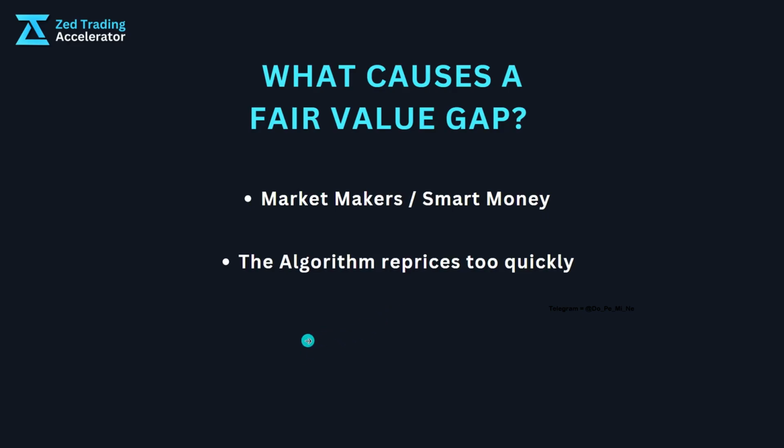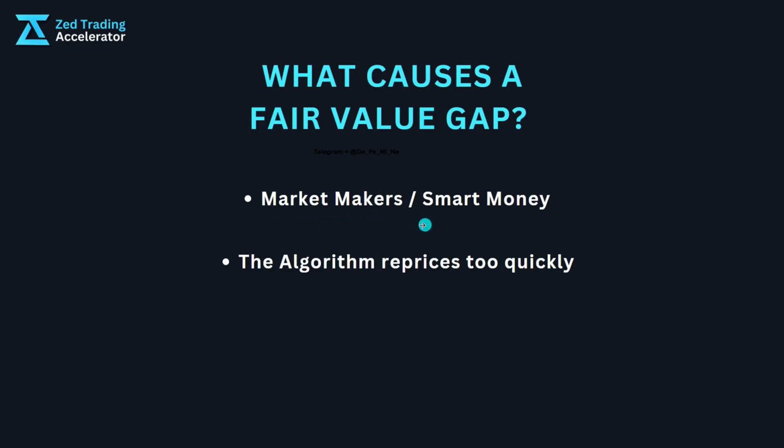Is it in the accumulation? Or is it in the manipulation? Or in the distribution? You can see fair value gaps in the accumulation, but it's not a valid one. Where do you think the valid fair value gaps occur? Yes, in the distribution.